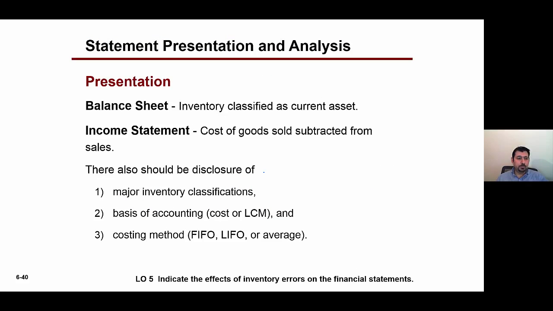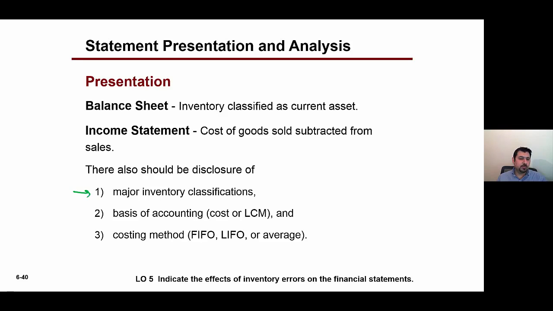So inventory is presented on the balance sheet as current assets, and companies have to disclose what kind of inventory they have, whether it is raw material, finished goods, etc. They have to disclose the major inventory classifications.